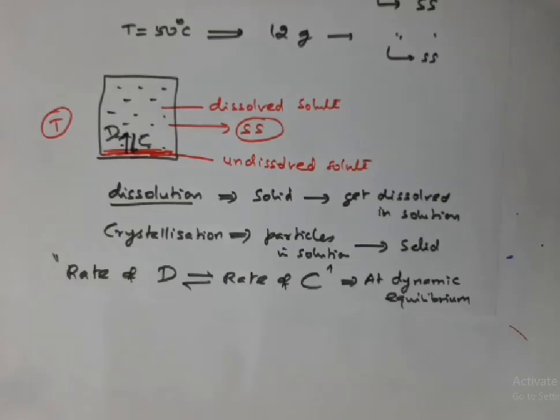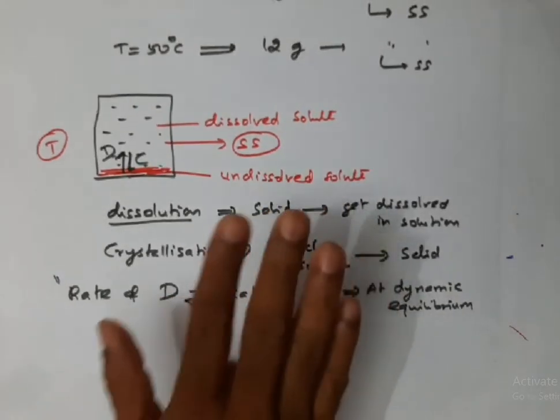So remember, students, in a saturated solution, dynamic equilibrium exists between dissolution and crystallization. I repeat, in a saturated solution, dynamic equilibrium exists between dissolution and crystallization, right? This is a very important one, keep this in mind.